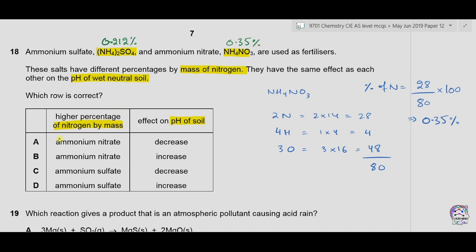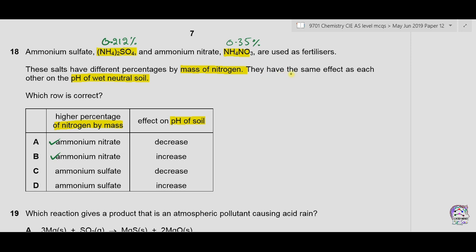So the higher percentage of nitrogen by mass is in ammonium nitrate, so therefore A and B could be the possible options. Now let's find out the effect on pH of soil. In the question they have given that both of these compounds have the same effect as each other on the pH of wet neutral soil. First one is ammonium sulfate.